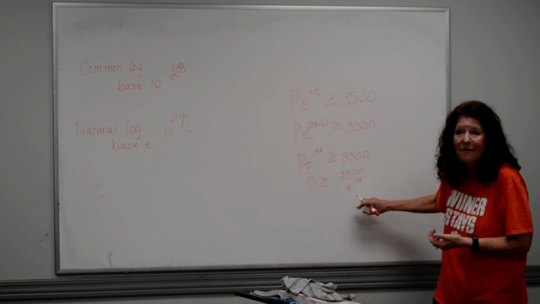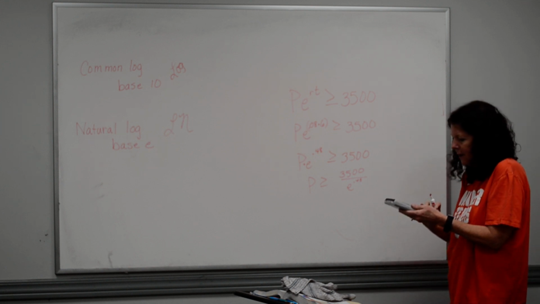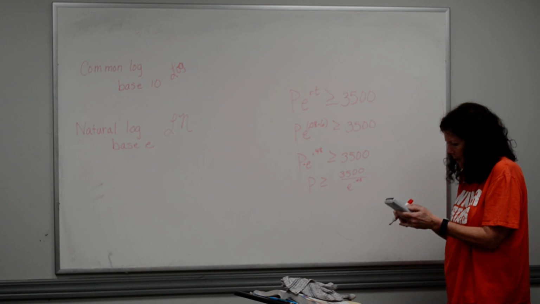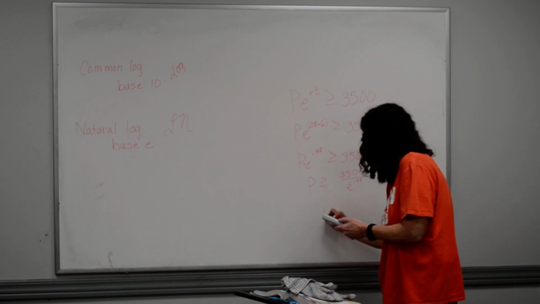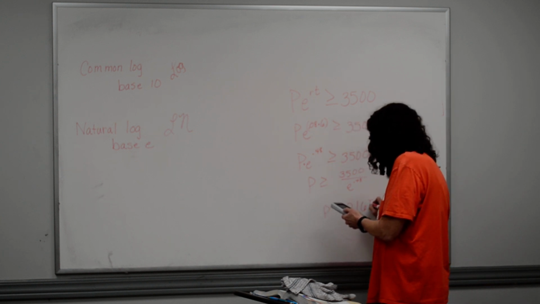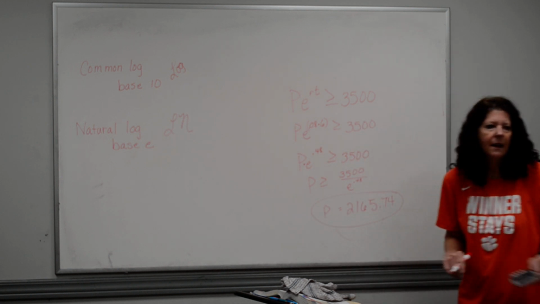See, because that's got value to it. Oops, I put a negative in there. Okay, and they're going to get P is equal to 2,165.74. That's how much money they have to invest.